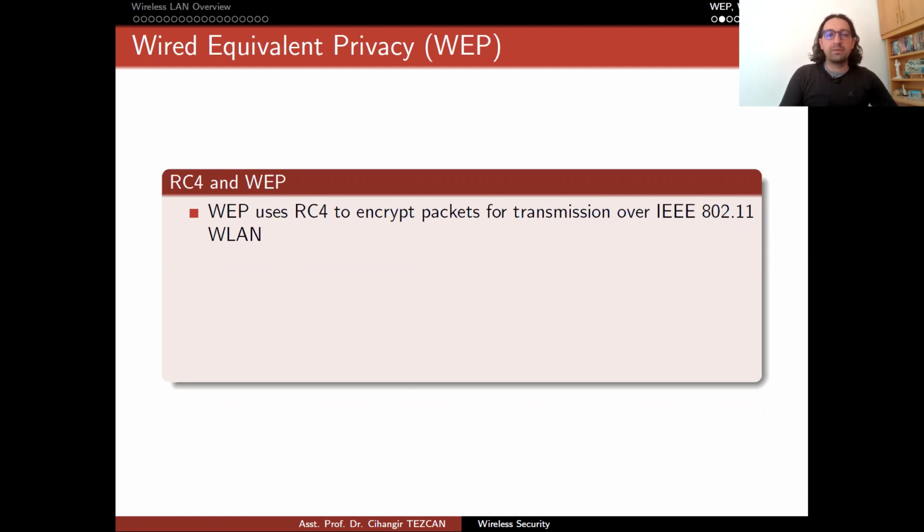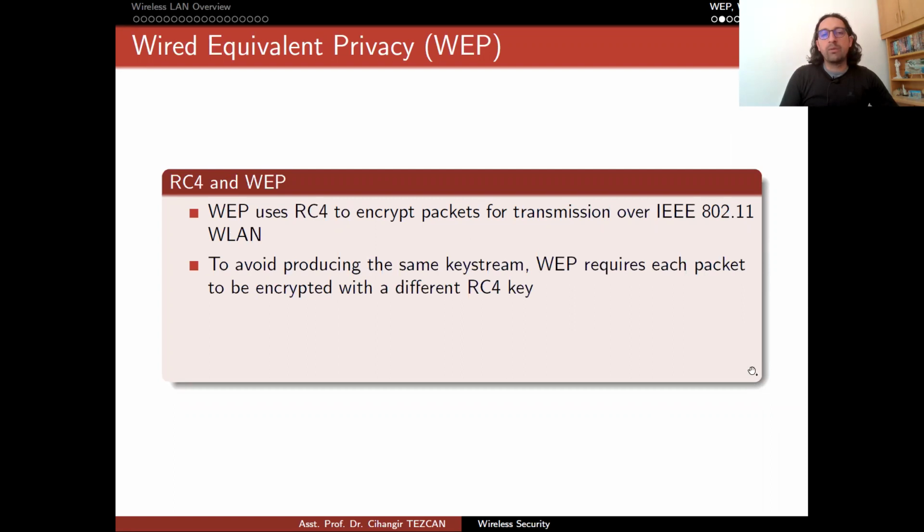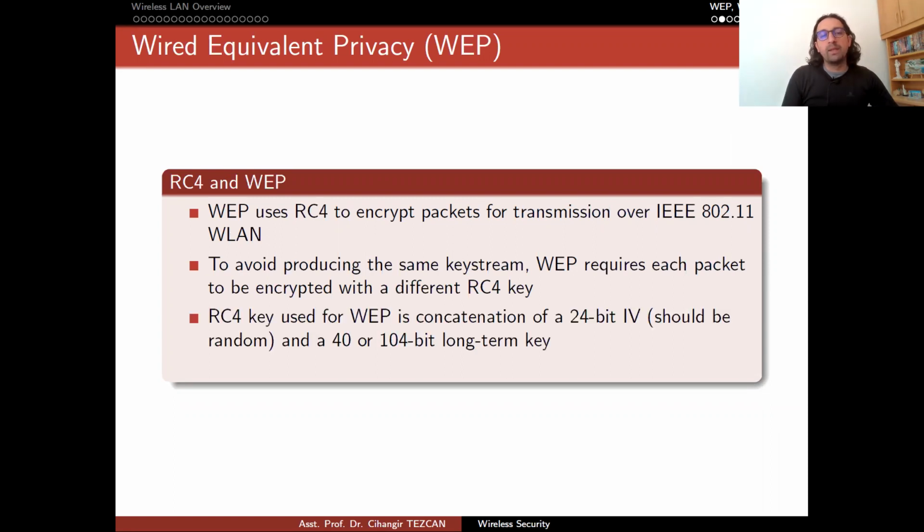As we mentioned, WEP uses RC4 to encrypt packets for transmission over IEEE wireless LAN. To avoid producing the same key stream, WEP requires each packet to be encrypted with a different RC4 key. The RC4 key used for WEP is a concatenation of a 24-bit IV and a 40 or 104-bit long-term key.